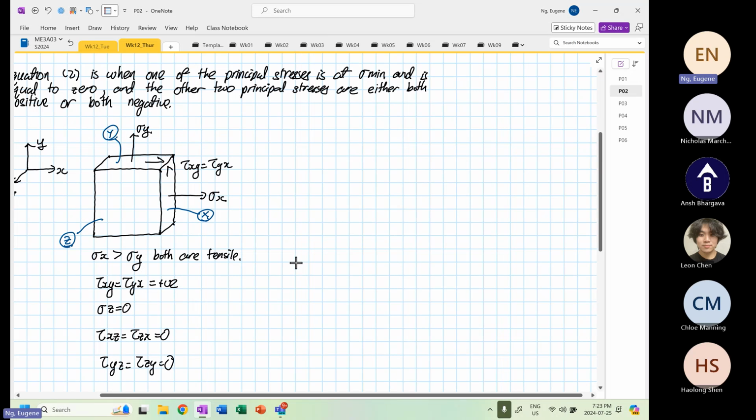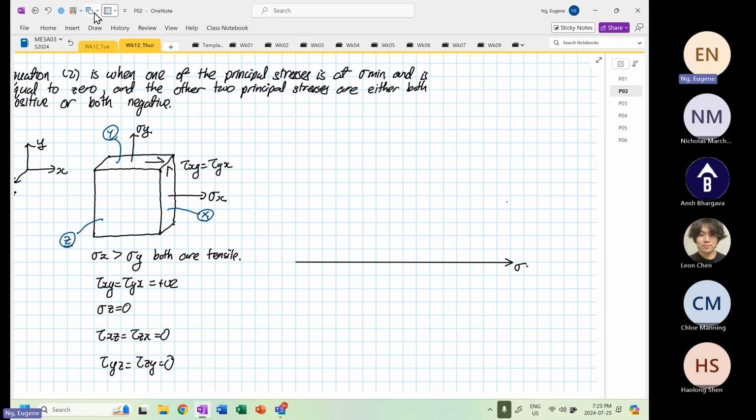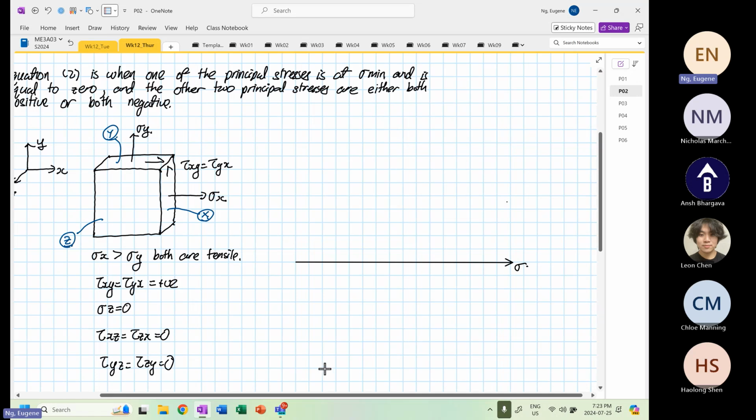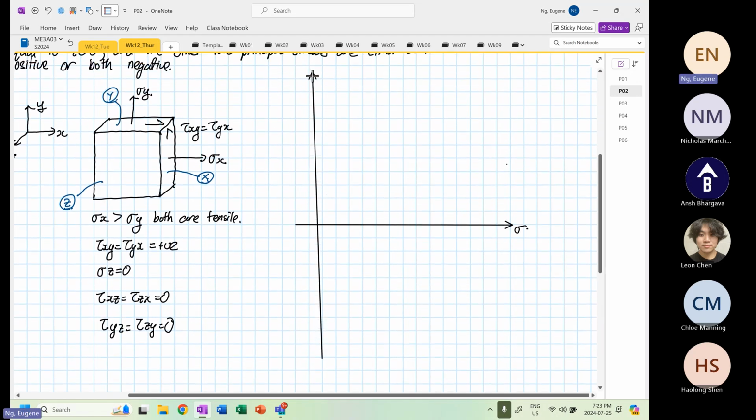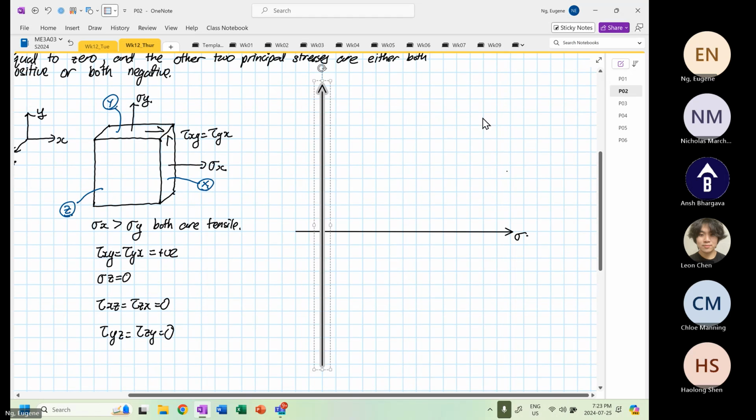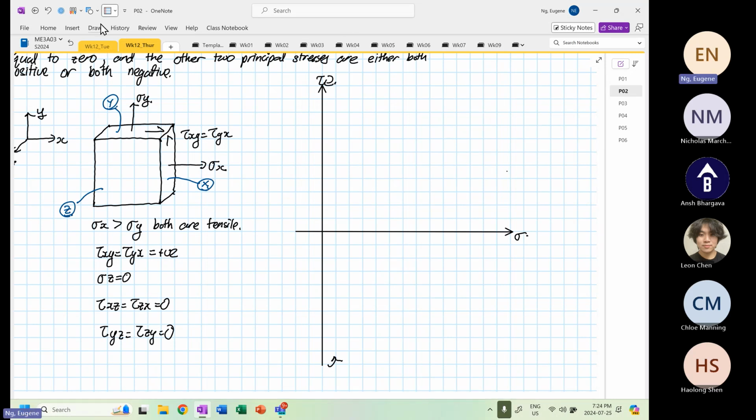Over here, this is our normal stress, and then we have our shearing stress. Element rotate clockwise, element rotate anti-clockwise. And then we have our stress X line.